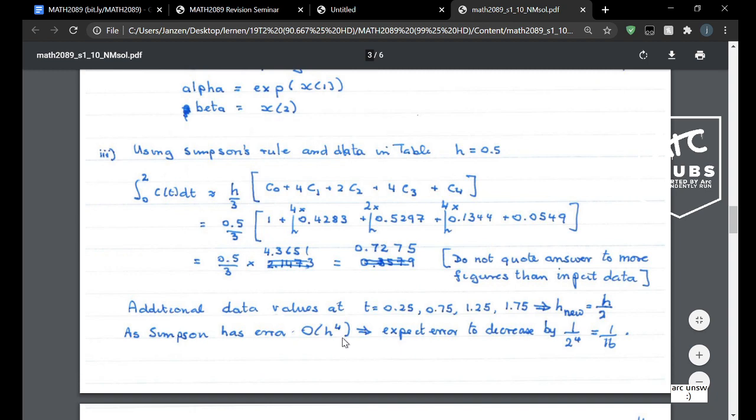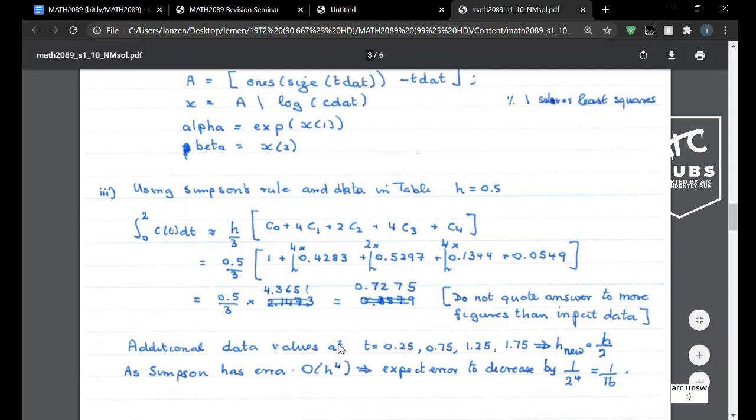The step value h is around 2, we halve it, h is equal to 0.5, and substitute that into the h to the power 4 expression. Basically the error will decrease by a factor of 16 every iteration.